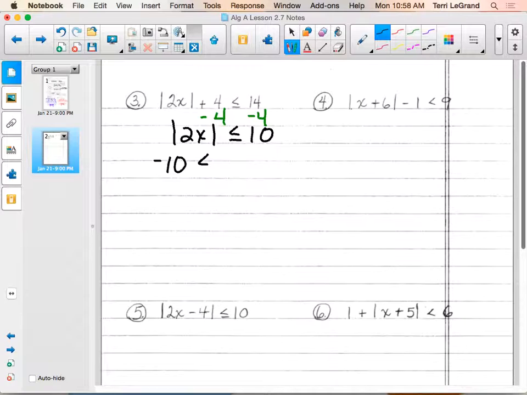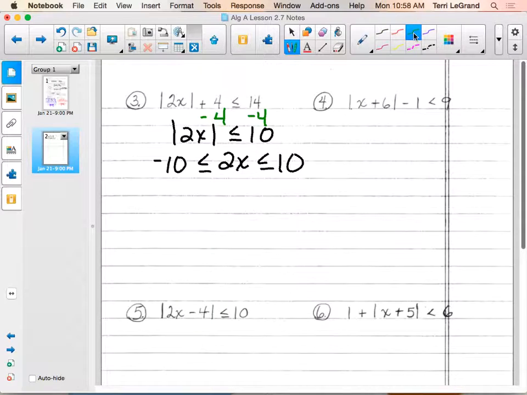Negative 10 is less than or equal to 2x, and that's less than or equal to 10. Okay, good. Absolute value bars are ditched now. We've set 2x between negative 10 and positive 10 because those are the numbers that have a distance of 10 or less. And now what would be our next move in this one, Aurora?